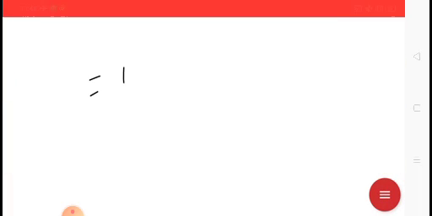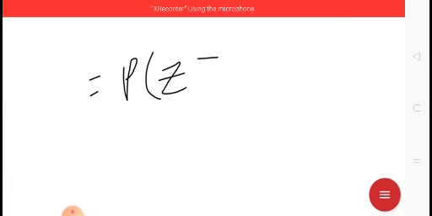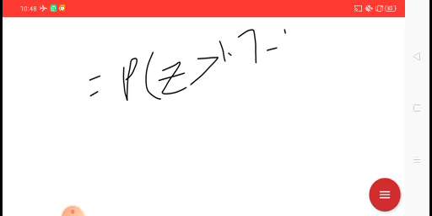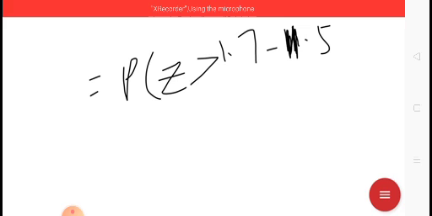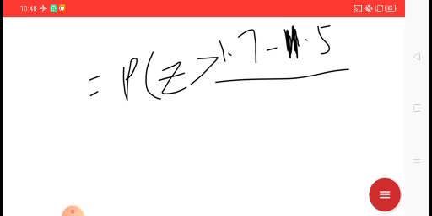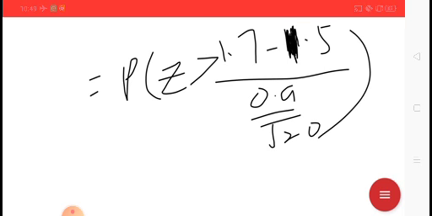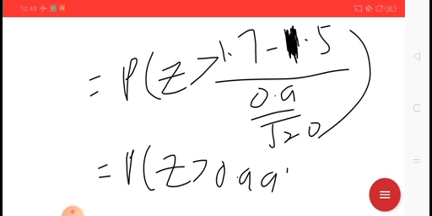Okay, so once you have this, you can standardize and try to calculate the probability. So this is equal to P(Z > (1.7 − 1.5) / (0.9/√20)). The mean changed to 1.5 already. So you should get P(Z > 0.994).